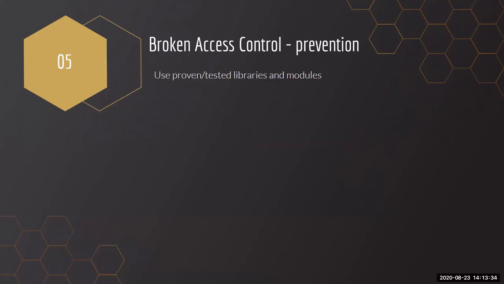So for prevention of broken access control, there are some best practices we can follow. The top best practice would be to use proven and tested libraries and modules for your access control. What that means is you probably don't want to write your access control yourself in your code.